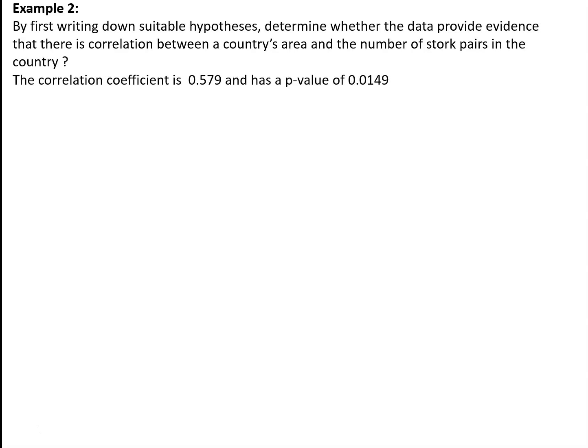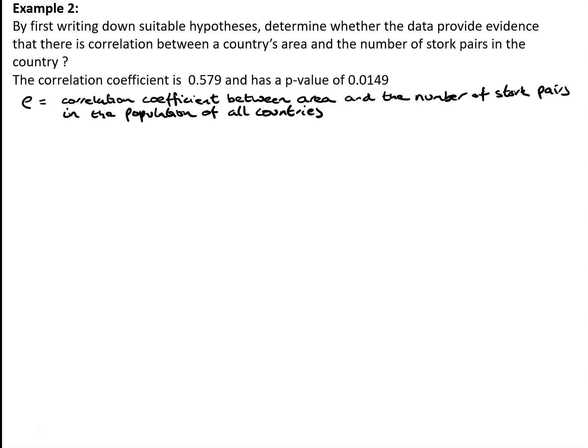So, defining variables first, if we let ρ be the correlation coefficient between the area of a country and the number of stork pairs in that country, when we are considering all possible countries, then our null hypothesis is ρ is 0. Our alternative hypothesis is that ρ is not equal to 0.